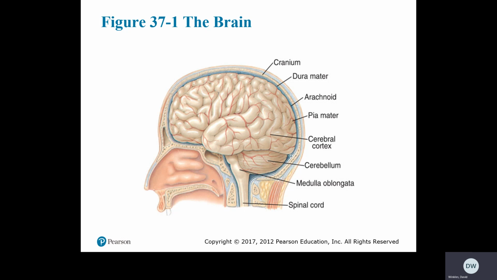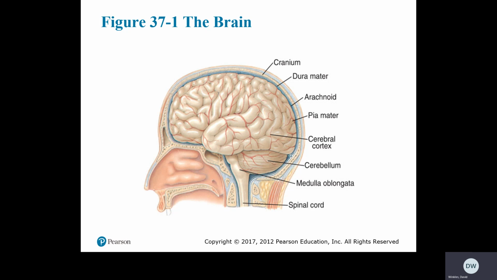Just below the cranium, you have the dura mater. You do have a space between the dura mater and the cranium that is important as well. Right below the dura mater, you have the arachnoid membrane. And then below that, you have the pia mater, which is basically a covering of the brain. And then you have the brain itself.